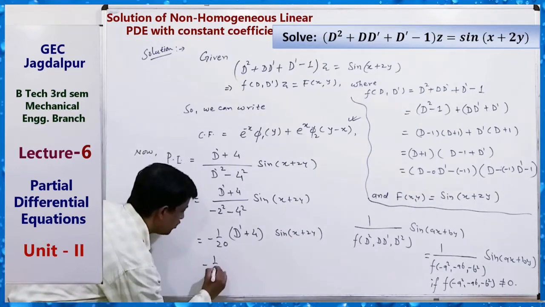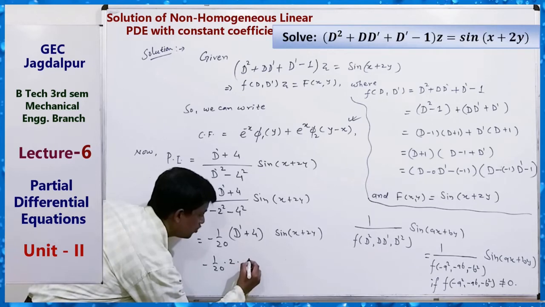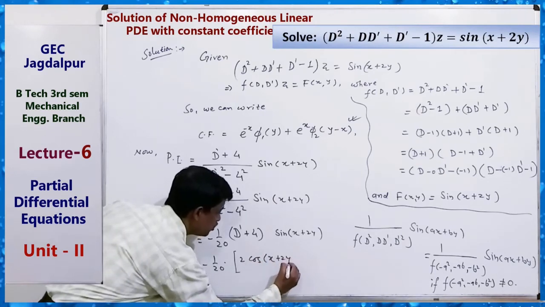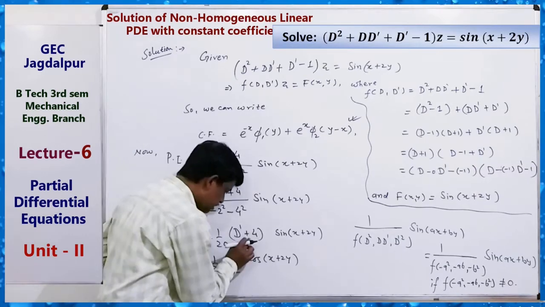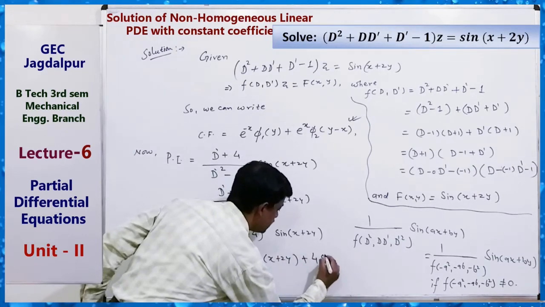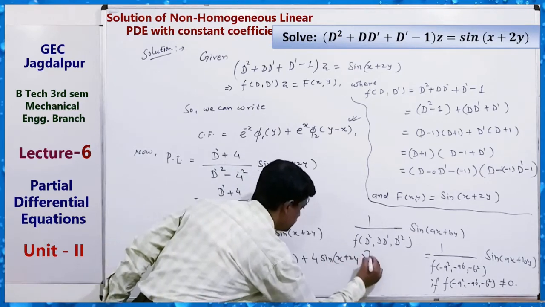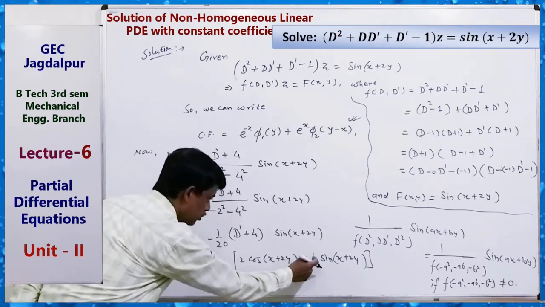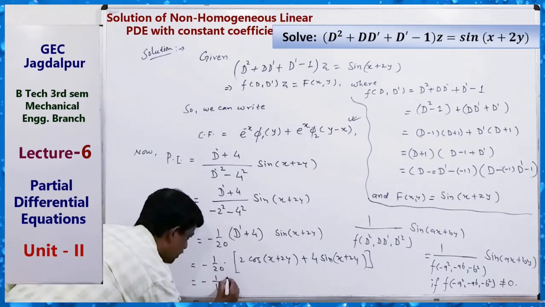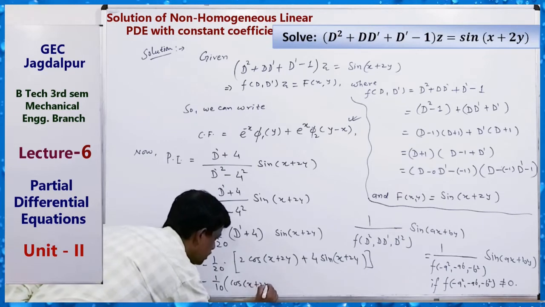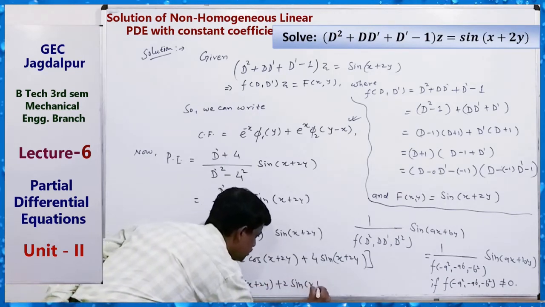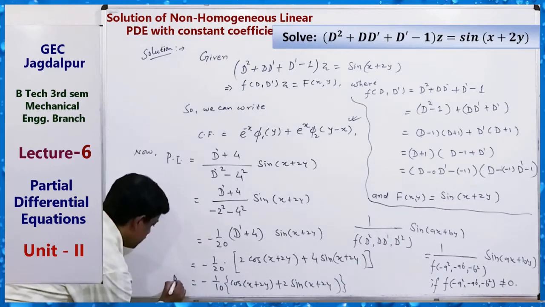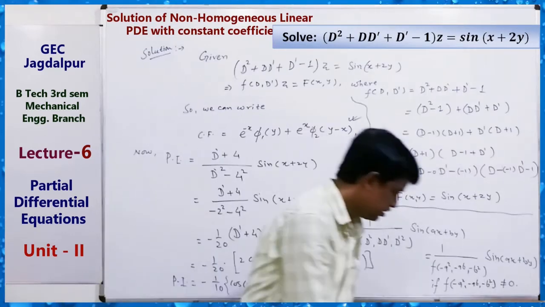So −1/20 times (2cos(x + 2y) + 4 sin(x + 2y)). Here 2 is common, so −1/10 (cos(x + 2y) + 2 sin(x + 2y)). So this is the PI. Clear?